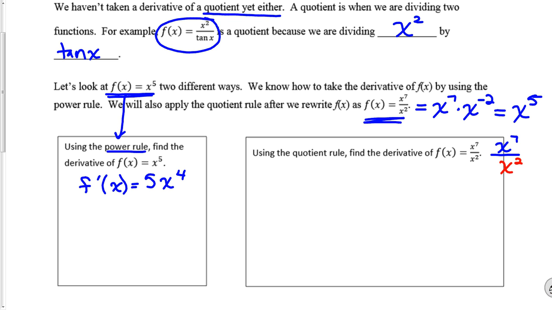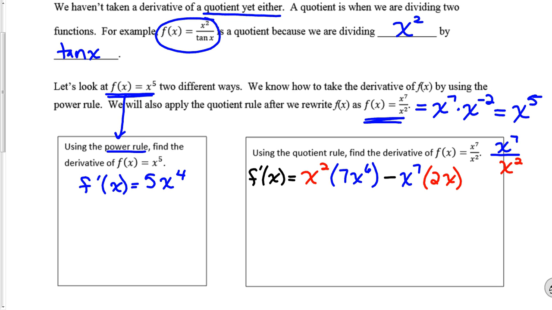So my derivative is going to be the bottom, which is x squared, times the derivative of the top, which is 7x to the sixth. I'm going to subtract top x to the seventh times the derivative of the bottom times 2x.